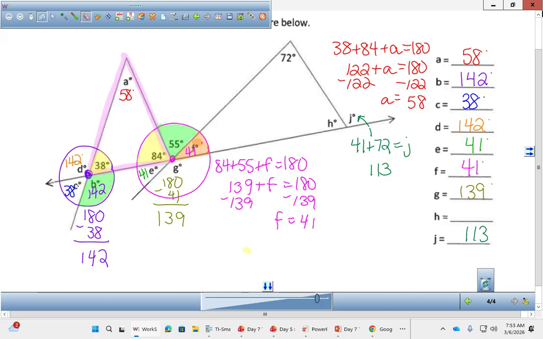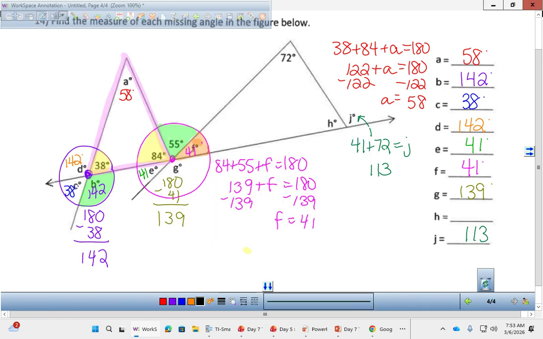All right, and what about H, our last one? Any ideas on how I can find H? The very last angle on here. 180 minus 113. Or, can anybody see another way to do that one? They are a linear pair, I agree. You could subtract from 180. Anything else you could do to find H? H is inside of a what?